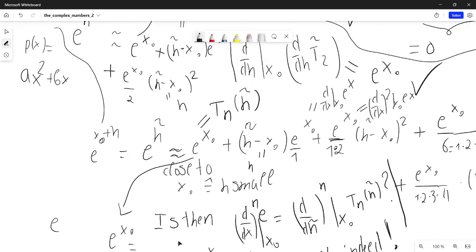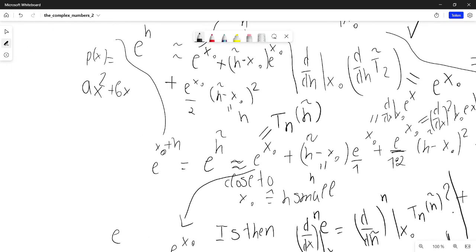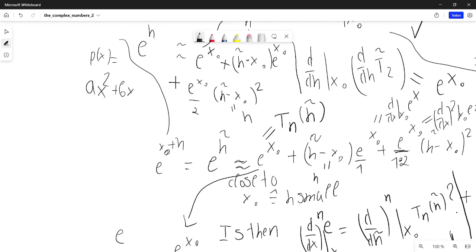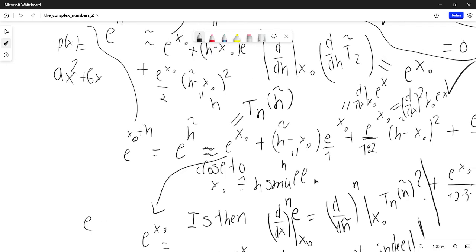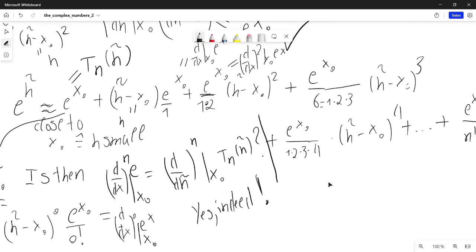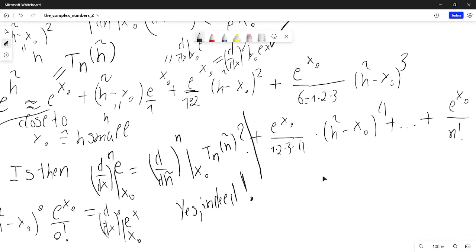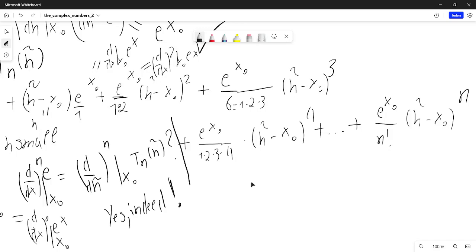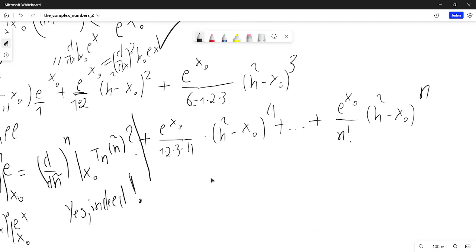So, but why did I introduce that? Those funny polynomials and something. By the way, these funny polynomials are called Taylor polynomials. And this is the way to approximate functions by polynomials. Right.